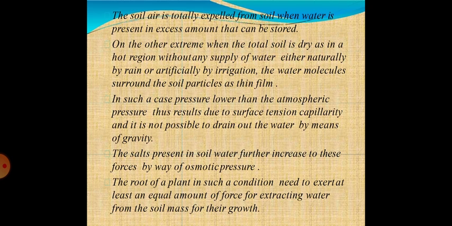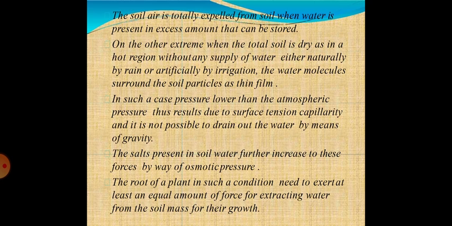The soil air is totally expelled from soil when water is present in excess amount that can be stored. On the other extreme, when the soil is dry, as in a hot region without any supply of water, either naturally by rain or artificially by irrigation, the water molecules surround the soil particles as a thin film.